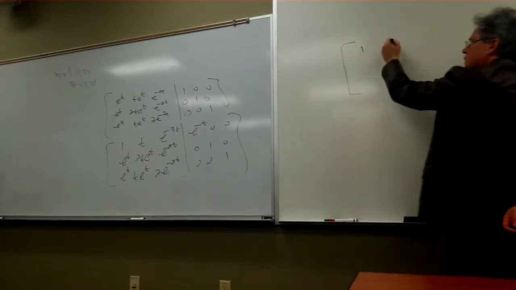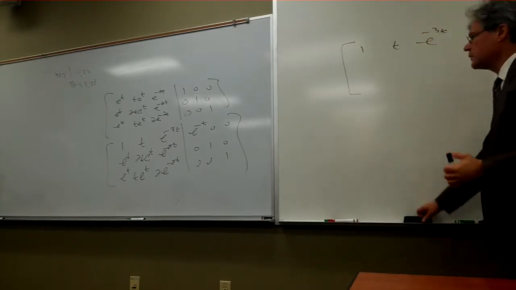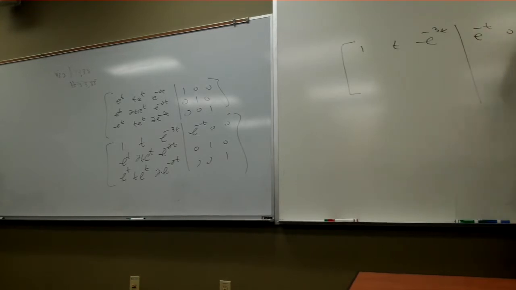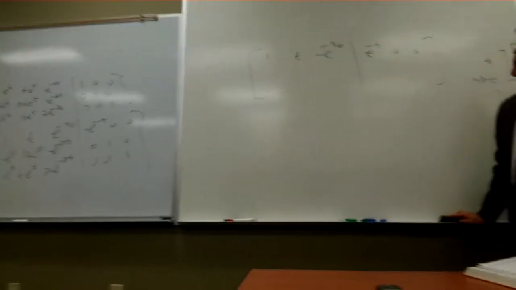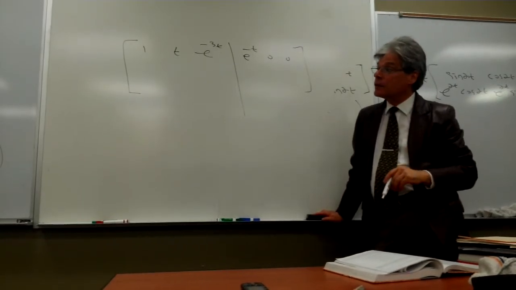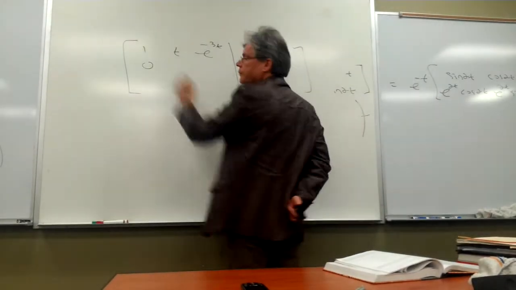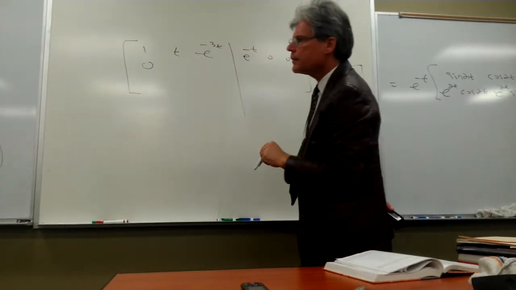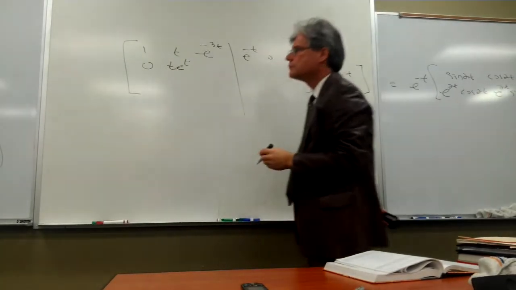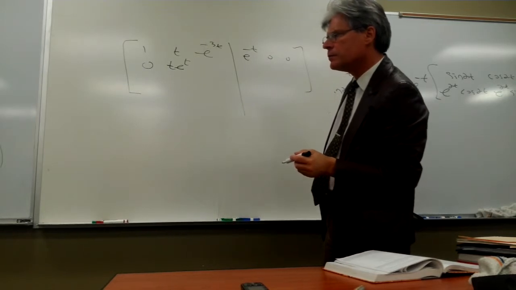I've got a 1, it's e to the negative 3t, and e to the negative t. Alright, I gotta slow down now. Like I said, multiplying the first row by negative e to the t, adding to the second row, that's gonna give me a 0, as desired. Is that gonna give me a positive e to the t? Is that gonna be a 0?